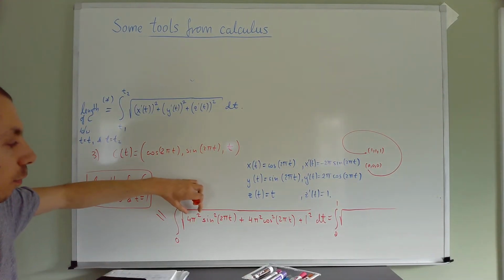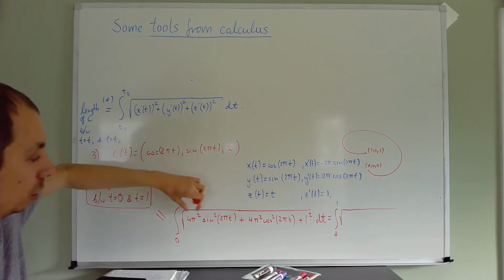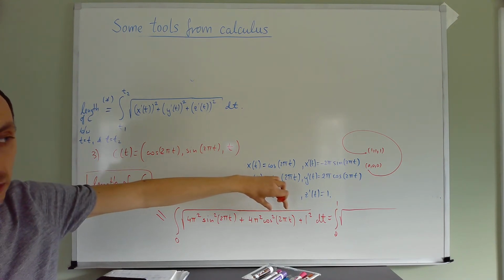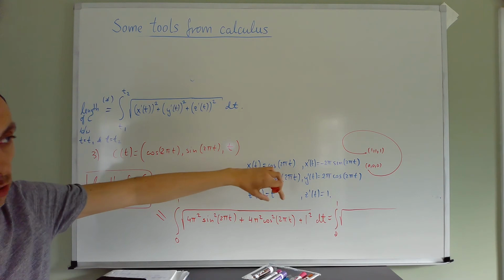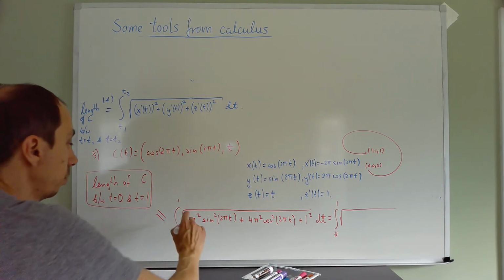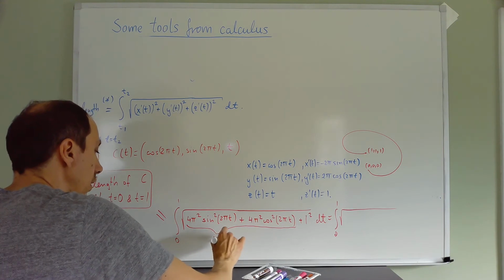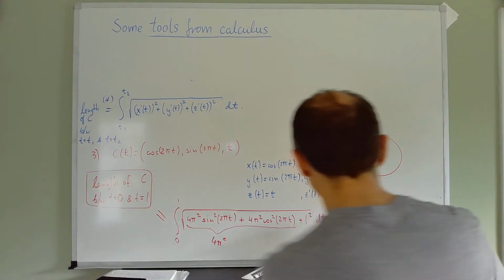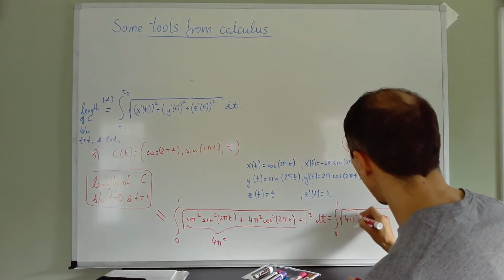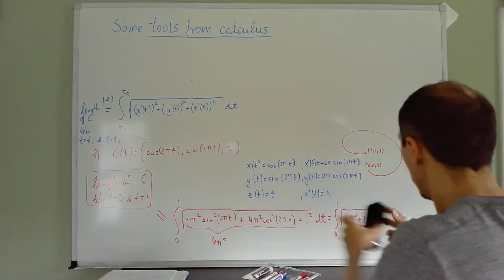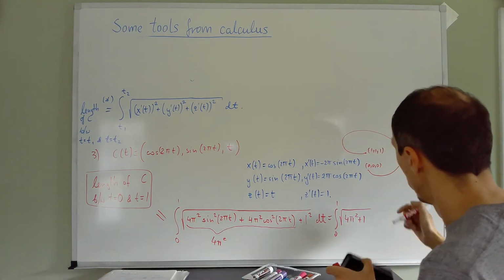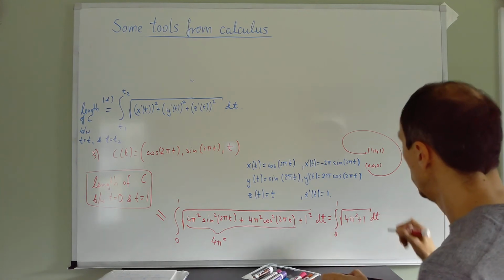So that's the integral from 0 to 1, square root of, let's see what we get here. If I take out 4 pi squared from these two expressions, I get sine squared plus cosine squared, and sine squared plus cosine squared is 1. So these two expressions simply give me 4 pi squared. So that's 4 pi squared plus 1 dt.